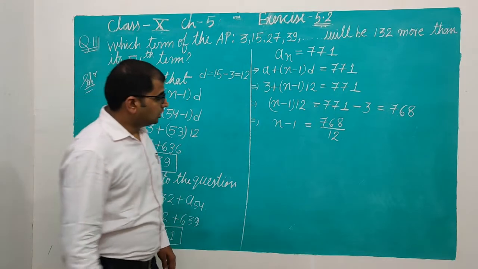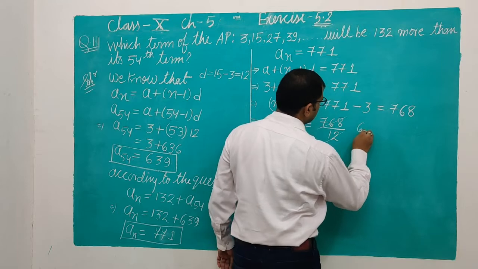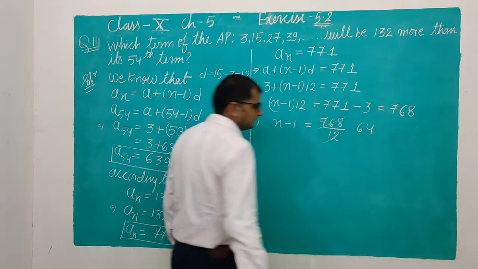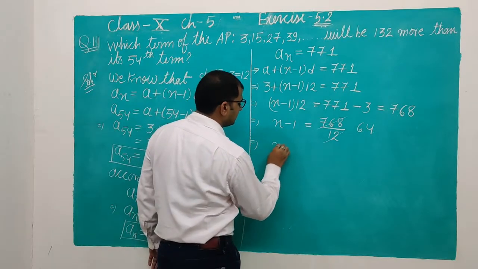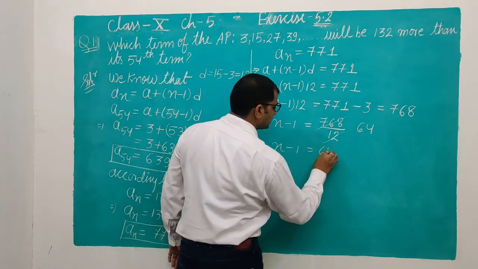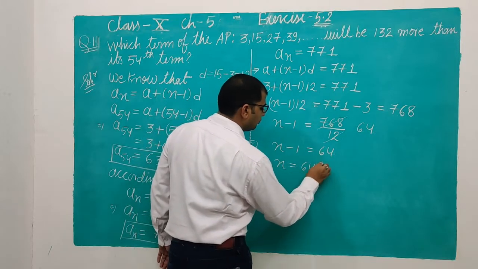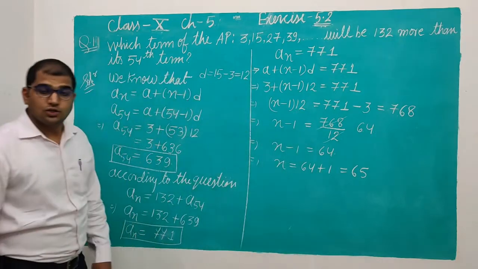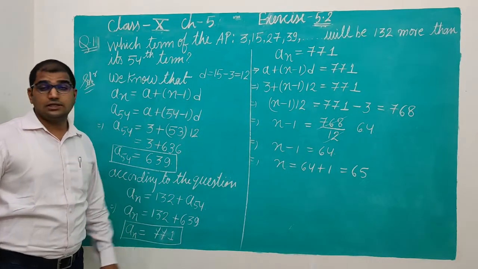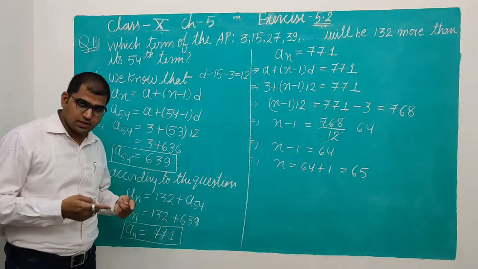Got it? Divide by 12, take the cancellation, 12 6s are 72, 12 4s are 48, okay, transpose 1 to that side, that is n minus 1 equals to 64, then n is equals to 64 plus 1 is equal to 65. So the 65th term is 132 more than the 54th term. Got it?